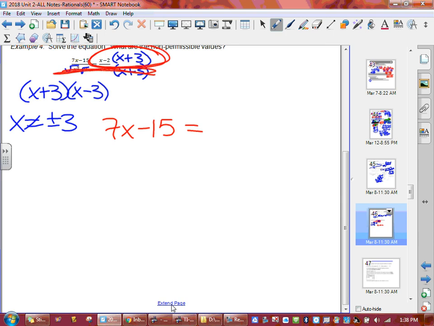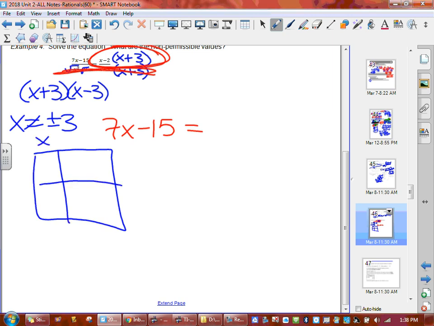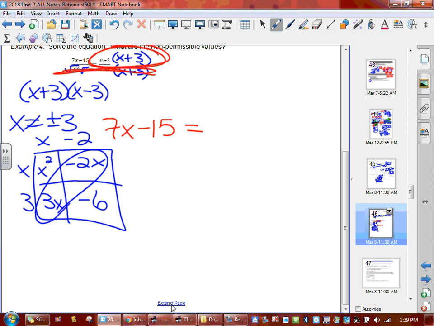So we have to FOIL it or area box it. So I'm just going to do a quick area box right here. So we're going to have x and a negative 2, x and a positive 3. x squared, negative 2x, 3x, negative 6. There's our like terms. So it's going to equal x squared plus 1x minus 6.